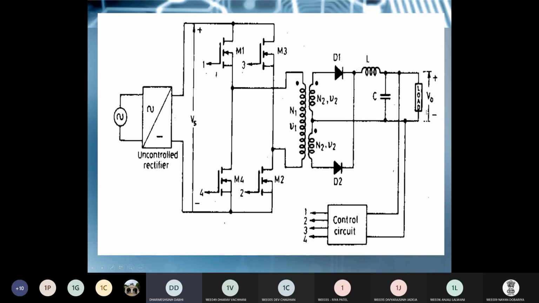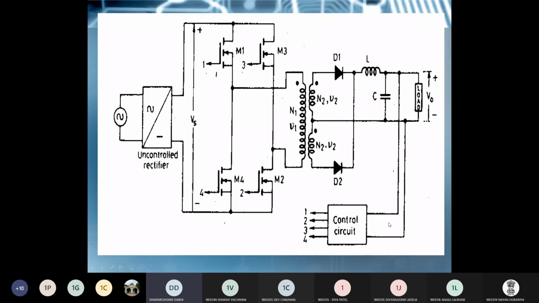In both cases you get DC power, the same current flowing in the same direction, and the voltage across the load is the same as the supply voltage. Here V0 is Vs when M1 M2 are on, or when M3 M4 are on. That's why it is called the full bridge SMPS, because you get the output same as the supply.